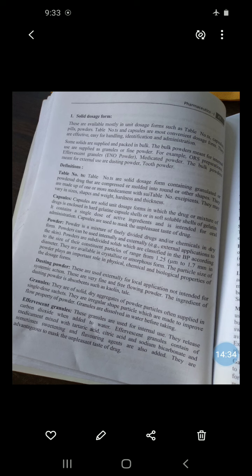The particle size of powder plays an important role in the physical, chemical, and biological properties of the dosage form.